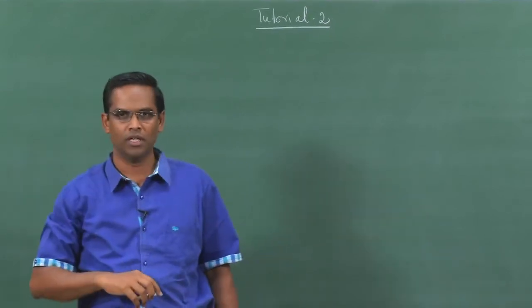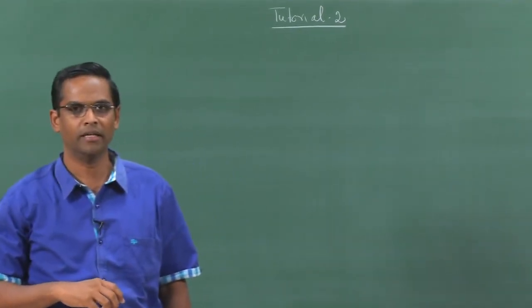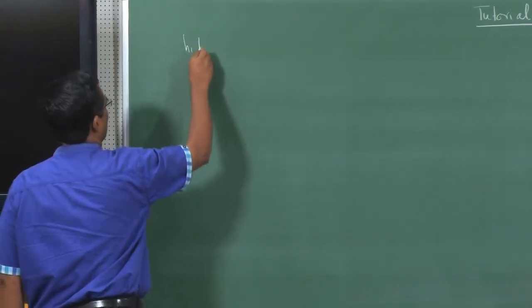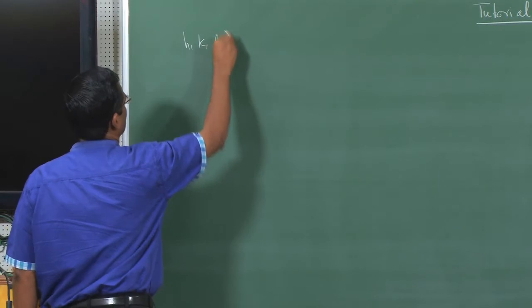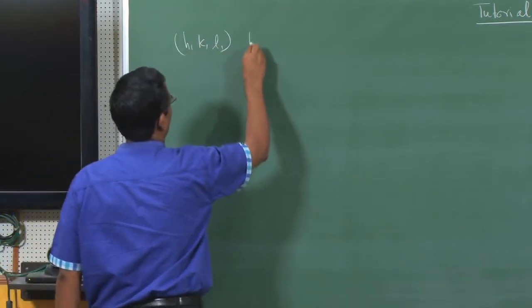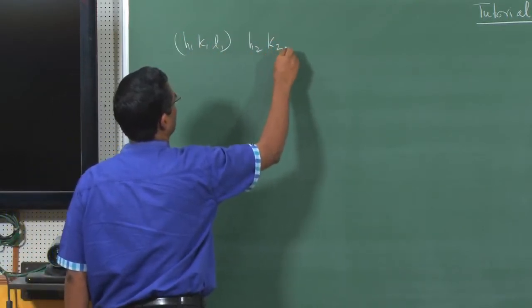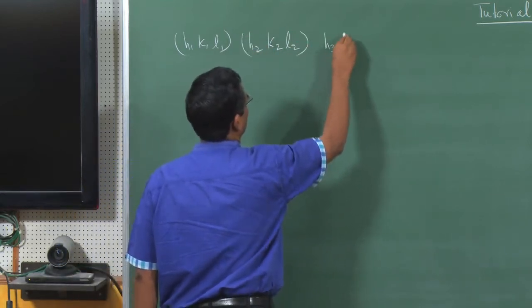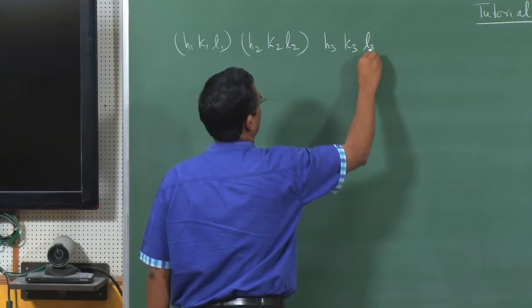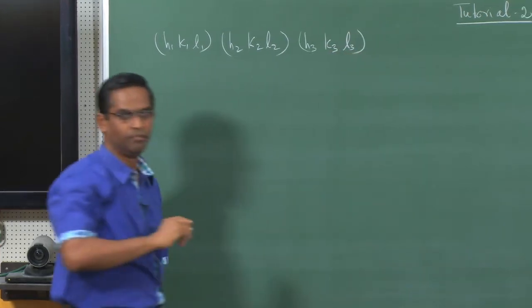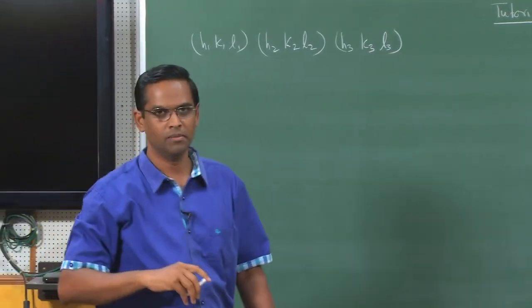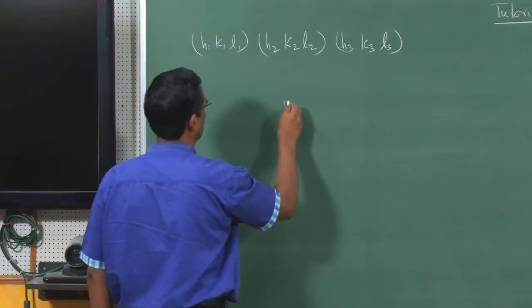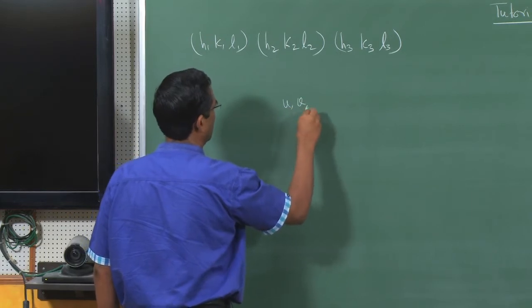Suppose I have poles represented by, for example, H1, K1, L1, H2, K2, L2, H3, K3, L3, etc. So all of them will belong to a zone called U, V, W, right.